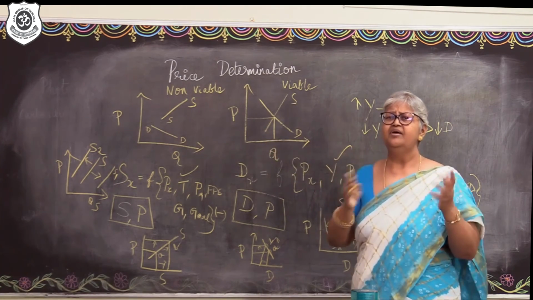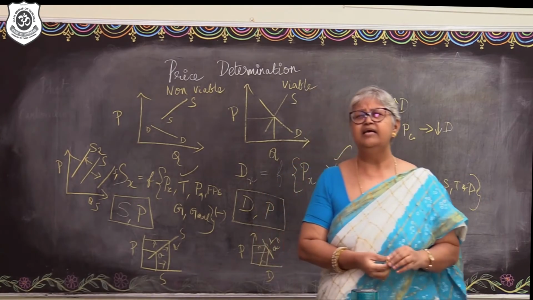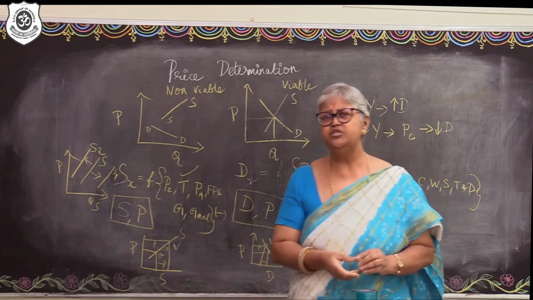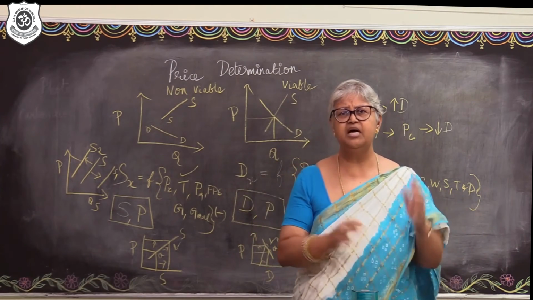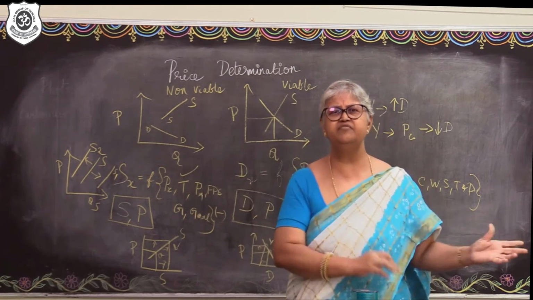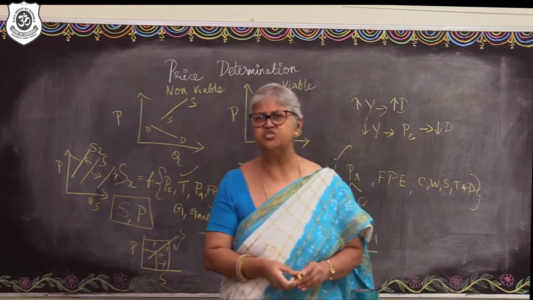So, what if the demand is going to change? What if the supply is going to change? Rightward shift in the demand, leftward shift in the demand, a rightward shift in the supply, a leftward shift in the supply. What will happen to the price?